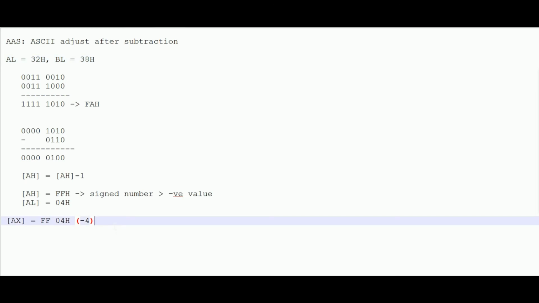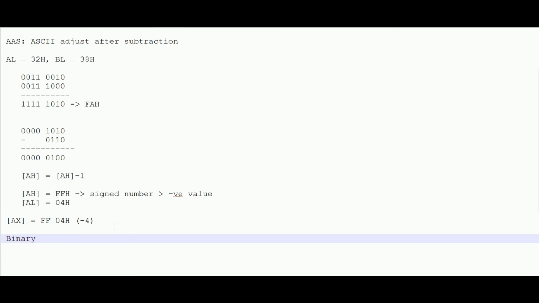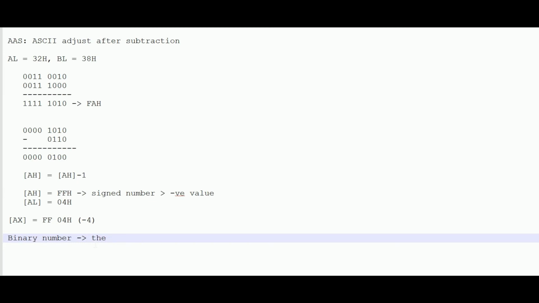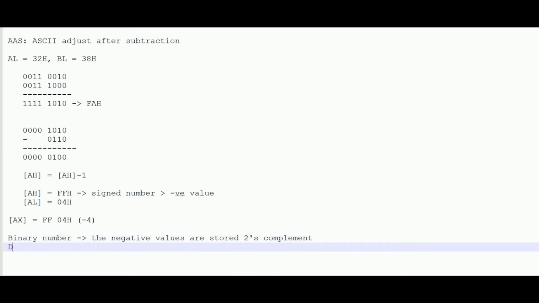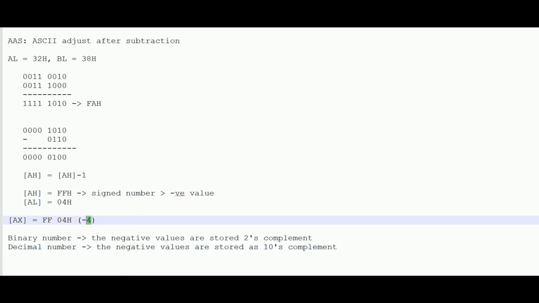Please understand that when we are talking about binary numbers, we know the negative values are stored as 2's complement, whereas in the case of decimal numbers, the negative values are stored as 10's complement. So this 4 here is now a decimal value.